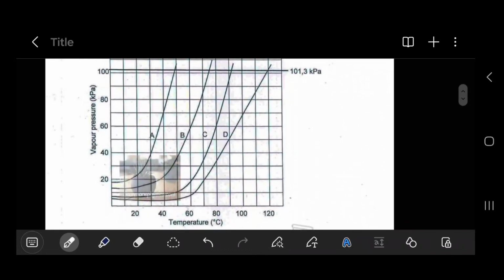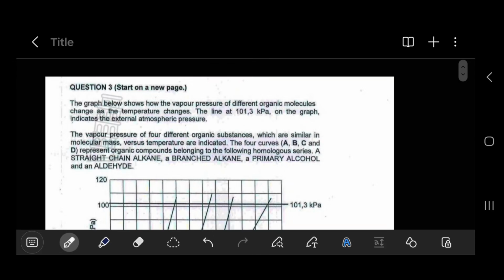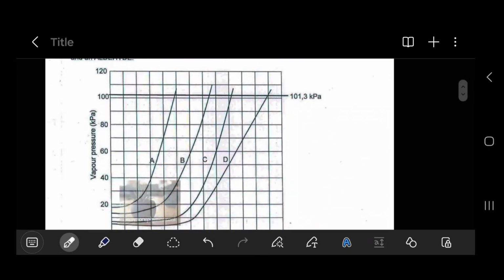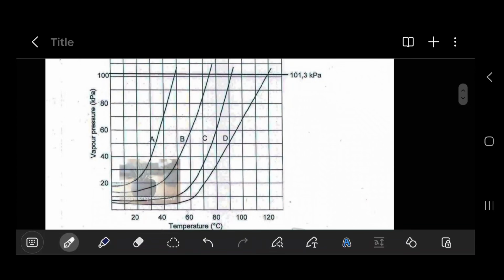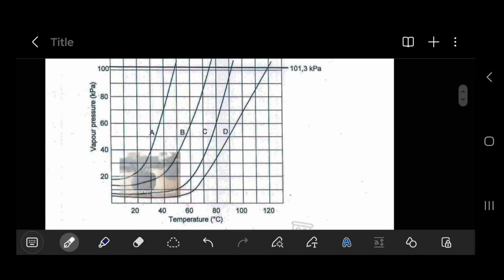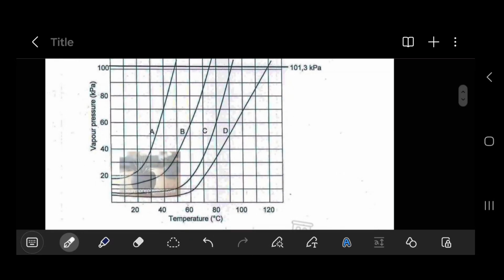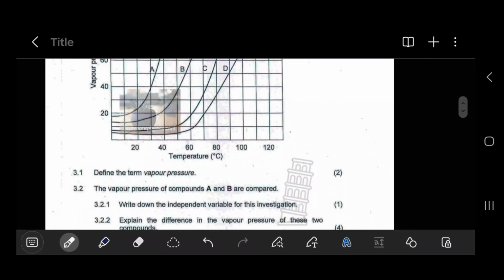Okay, so we have these 4 curves, A, B, C, and D, but they did not say which curve is for which homologous series. So that's probably something that we have to figure out on our own based on the intermolecular forces that the homologous series contains.